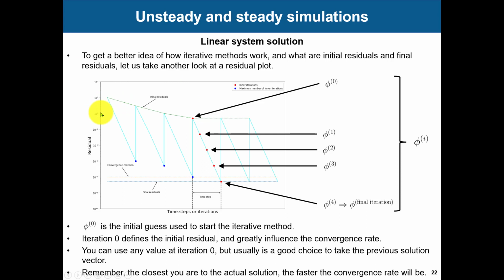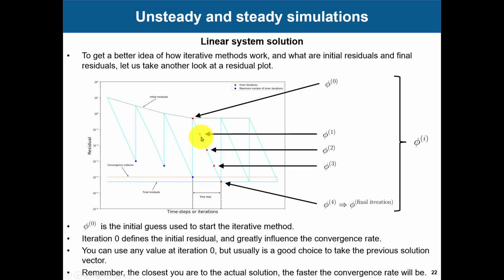Let's see how an iterative method works. I think you have done some numerical analysis, but let's revisit this concept. You start to iterate, and to iterate we need an initial condition. All variables, k, omega, epsilon, velocity, everything starts from initial conditions, and starting from that, you iterate.